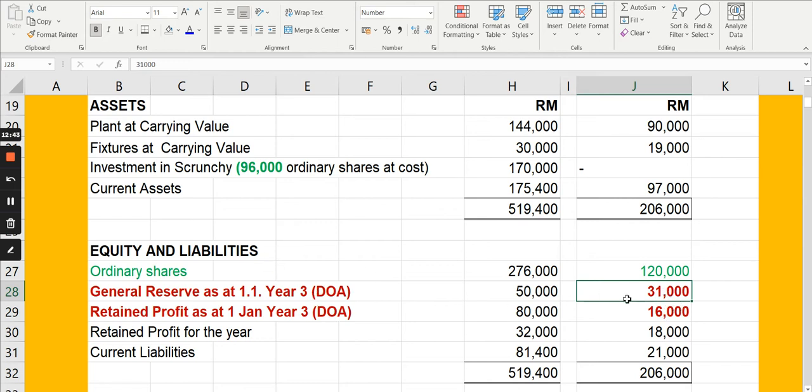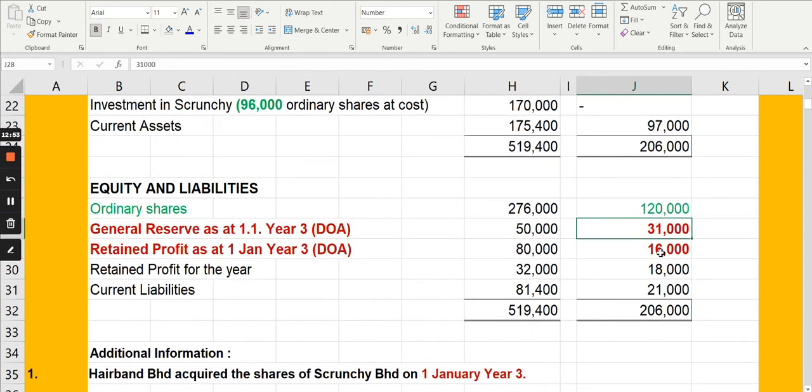Beginning of the year was 31,000, and there is no information saying there was an increase or decrease to the general reserve, so we assume it's the same. However, for the retained profit, as at the beginning of the year was 16, but as at the end of the year you have a figure of 18,000. So that is the post-acquisition reserve that was not yet adjusted, 18,000.